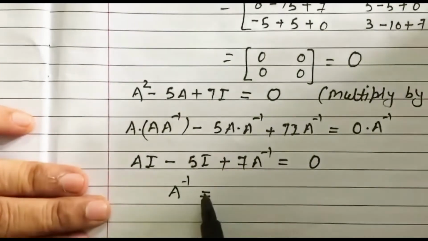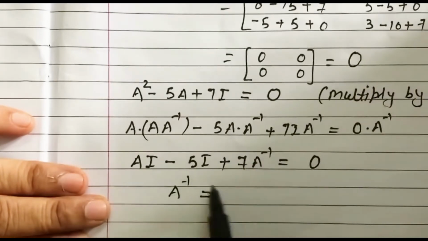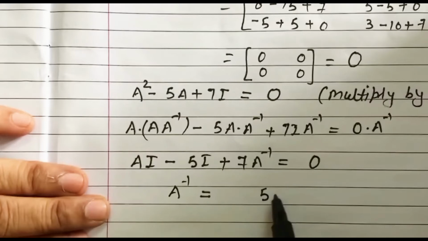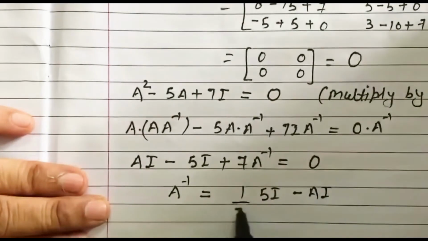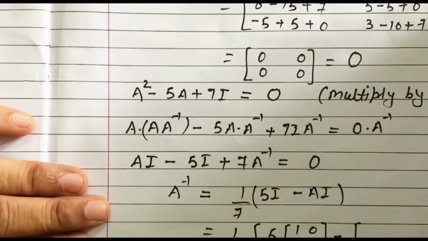So A inverse becomes, transferring these two terms, 1 by 7 times 5I minus A. Now substitute the values. I is the identity matrix, students, so it is 1, 0, 0, 1 times 5 minus A. Here A is 3, 1, minus 1 and 2.